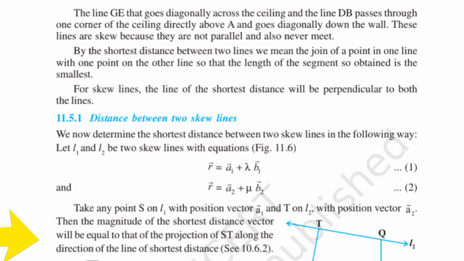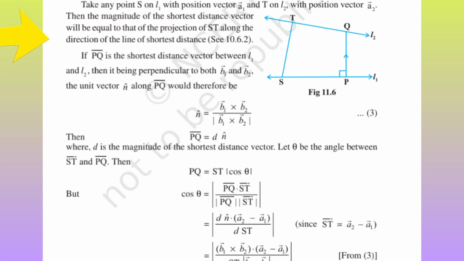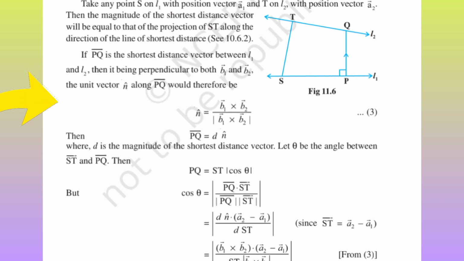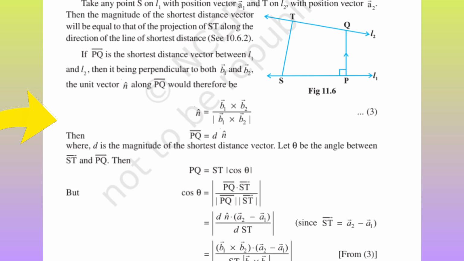If vector PQ is the shortest distance vector between L1 and L2, then, it being perpendicular to both b1 vector and b2 vector, the unit vector n cap along PQ would therefore be n cap equals b1 vector cross b2 vector divided by modulus of b1 vector cross b2 vector. Then PQ is equal to d n cap, where d is the magnitude of the shortest distance vector, and let theta be the angle between ST vector and PQ vector.